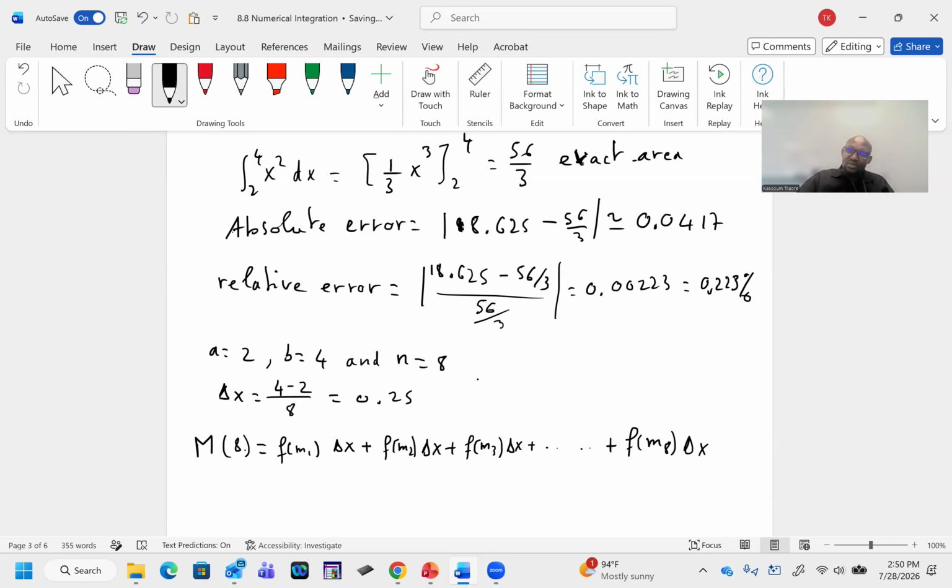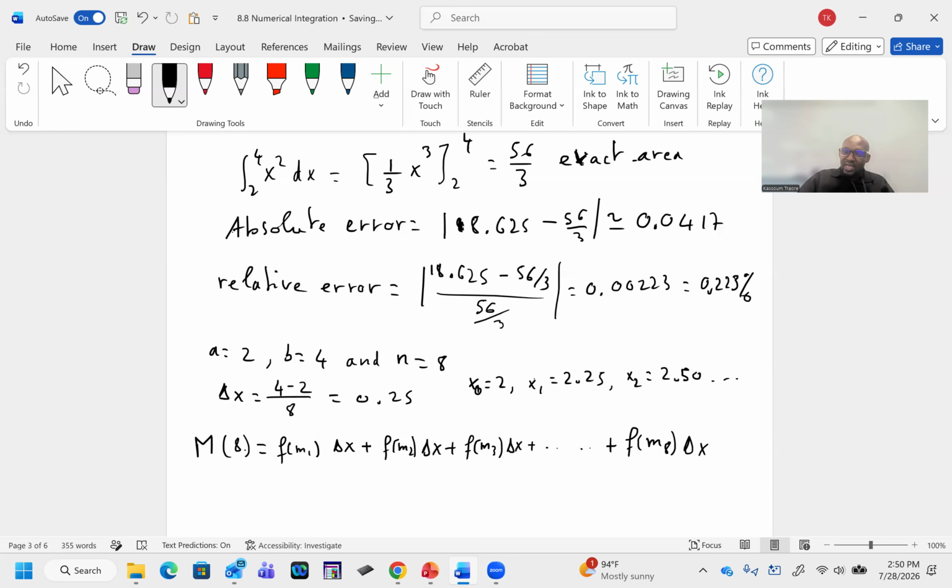Of course, X0 will be 2, X1 will be 2.25, X2 will be 2.5, and so on, right?